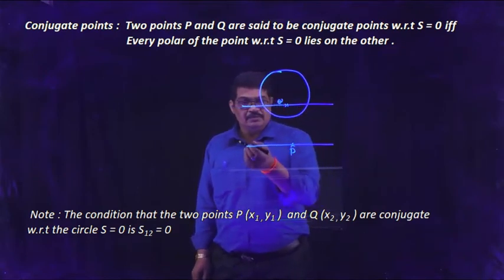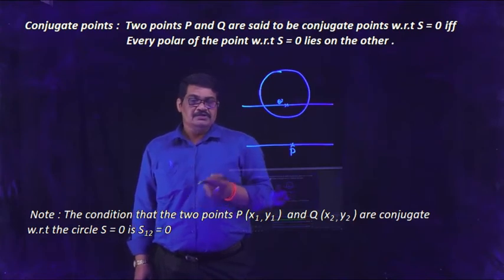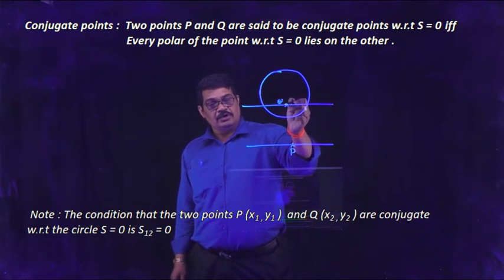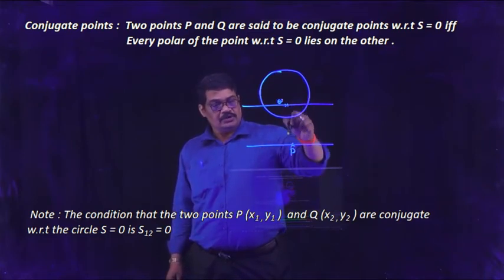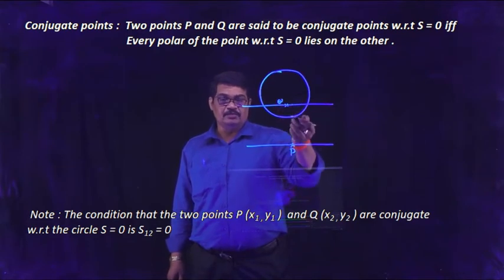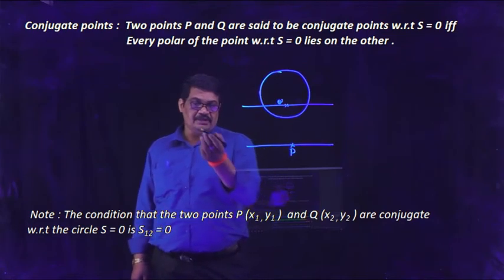In the previous note, we proved this result. So if the polar of P passes through Q, then the polar of Q passes through the point P. So each one lies on the polar of the other. Okay, that is the concept here, the definition.